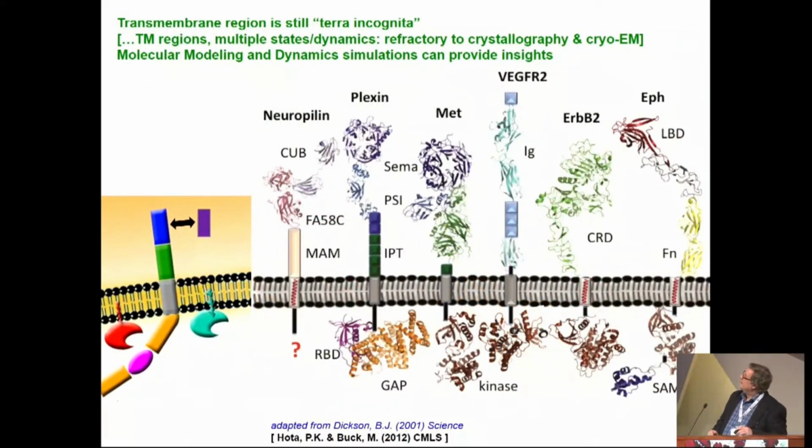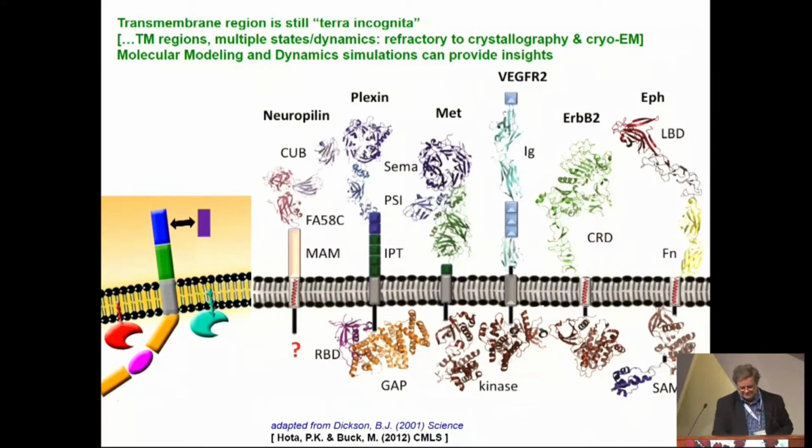Finally, the major unsolved questions about these systems still are around the plasma membrane. So again, how does the signal, the ligand binding outside, get communicated to inside the cell? And these are type 1 receptors, so they just have one polypeptide segment, a helix typically, going across the membrane.